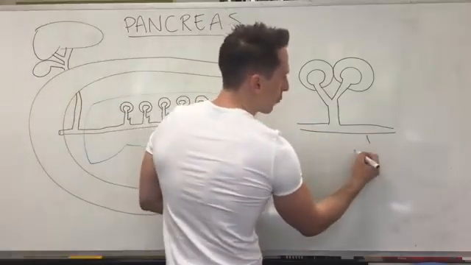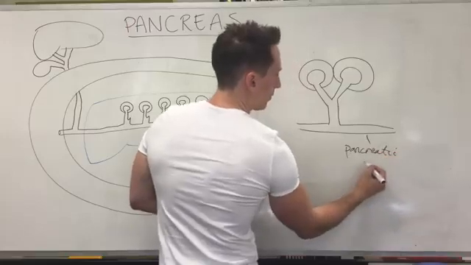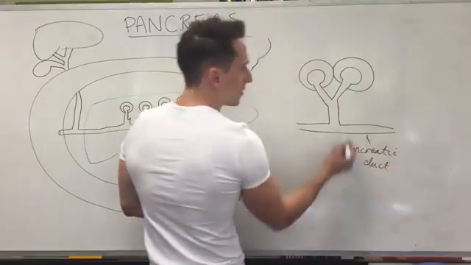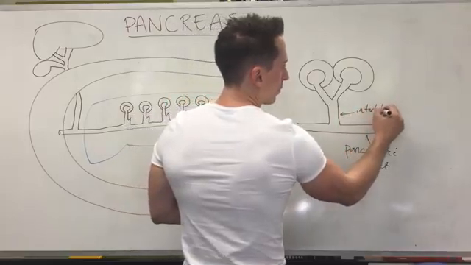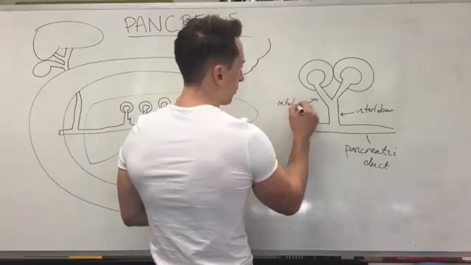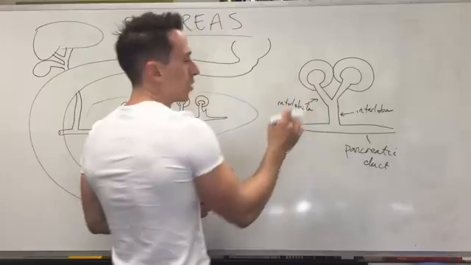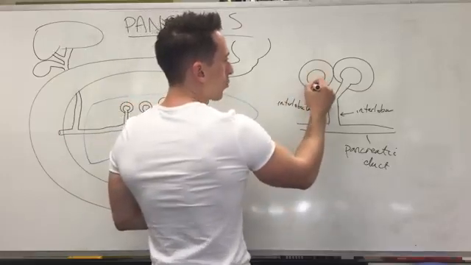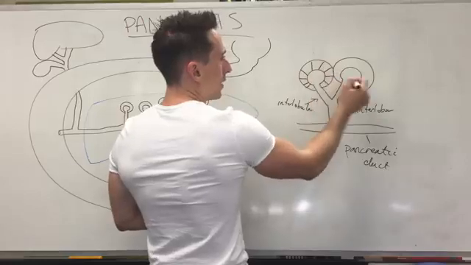So this is the pancreatic duct, and this is going to be an interlobar, and this is going to be an interlobular duct, okay? And then at the end of this interlobular duct, there's going to be a group of cells around what looks like an open cavity.